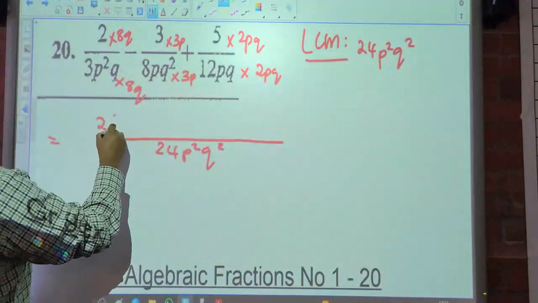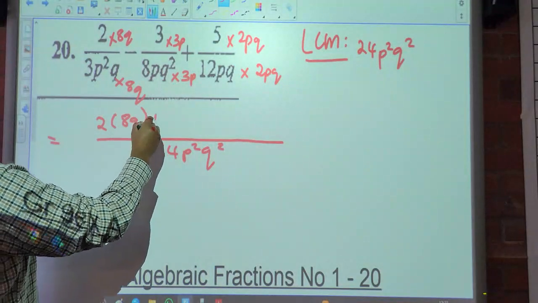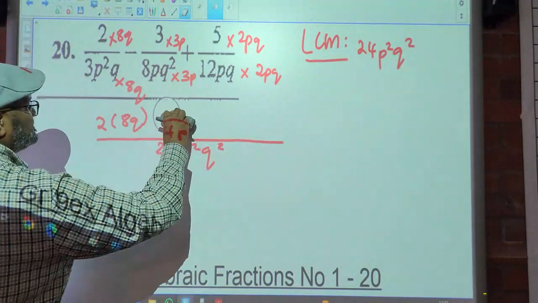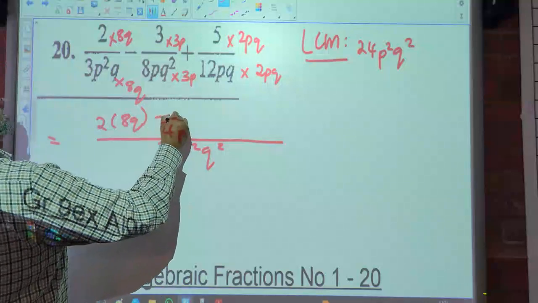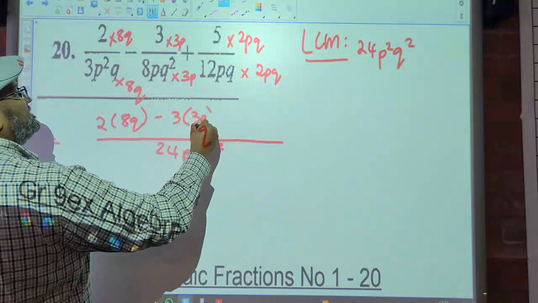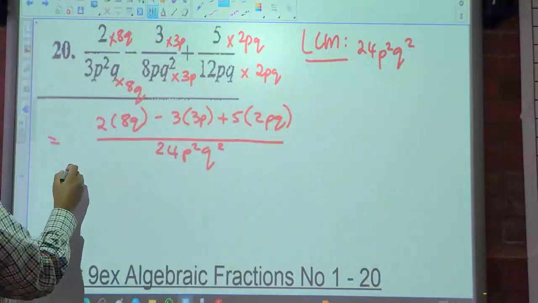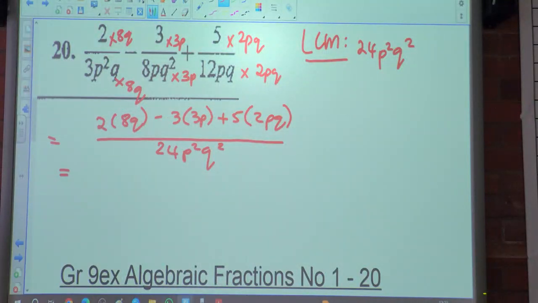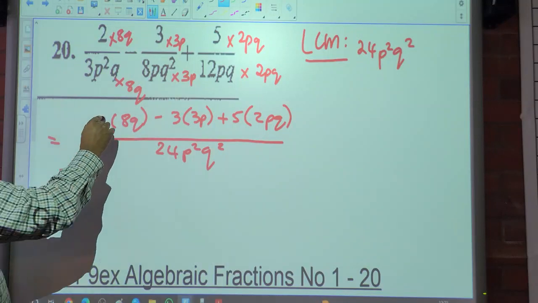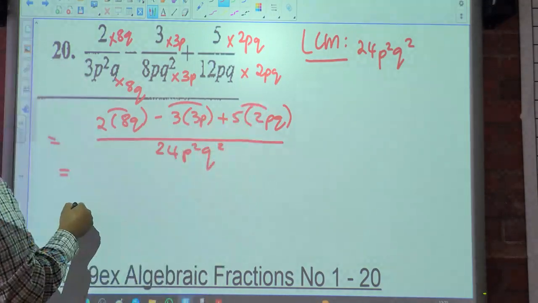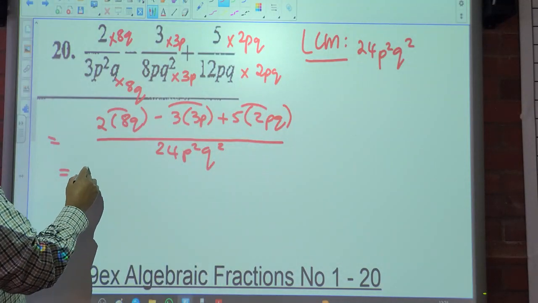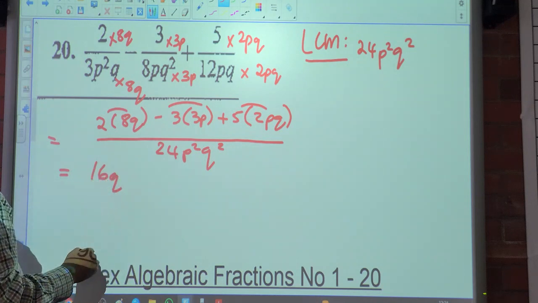So I got here 2 into 8q, minus 3 into 3p, plus 5 into 2pq. Again, you must get rid of those brackets. 8q times 2 is 16q.